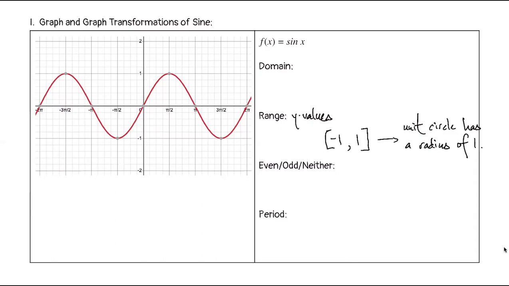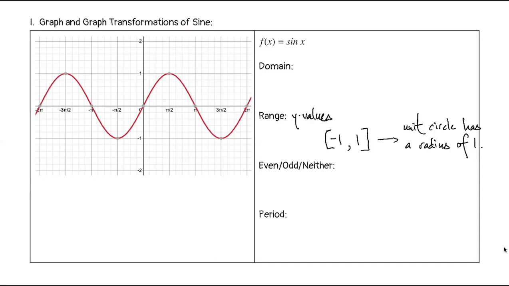Now, if we think about the domain of this function, all right, I will tell you this. I just took a snapshot of the middle part of the graph here, but the waves continue in both directions. So it continues to go up and down, up and down, all the way to the right, and it goes up and down, all the way to the left.